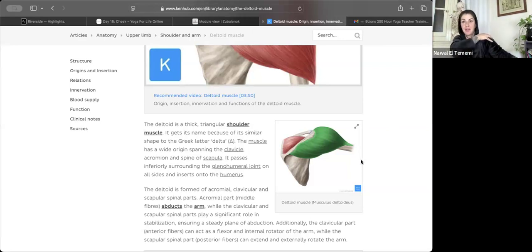When I lift my arm up, the top of my shoulder contracts in this way. This is the deltoid. But if I take my arm straight up and pull, engaging through the back, the deltoid is doing very little work, because the more superficial the muscle, the less work it should be doing.